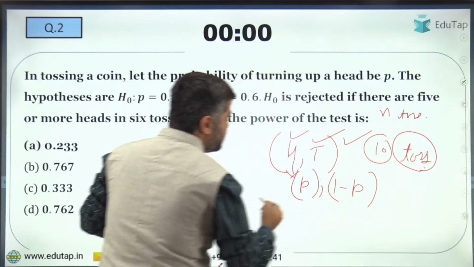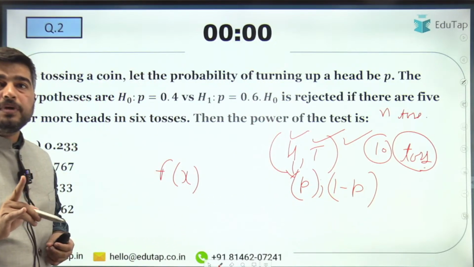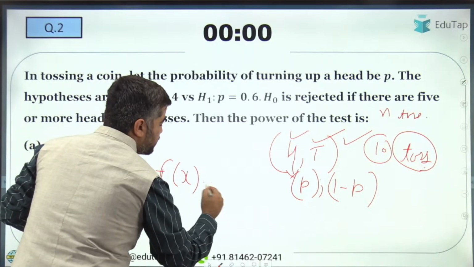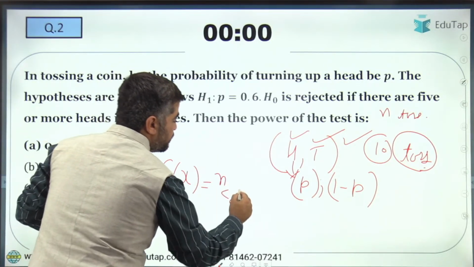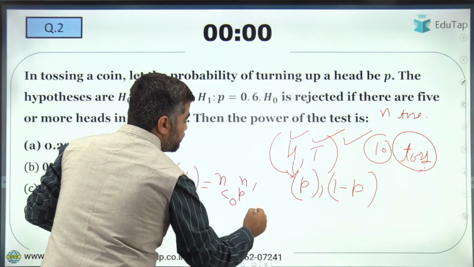So the probability distribution of binomial distribution will be equal to nC0 p raised to power 0 into 1 minus p raised to power n.